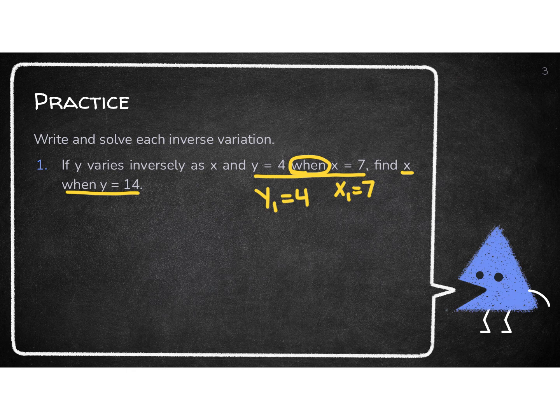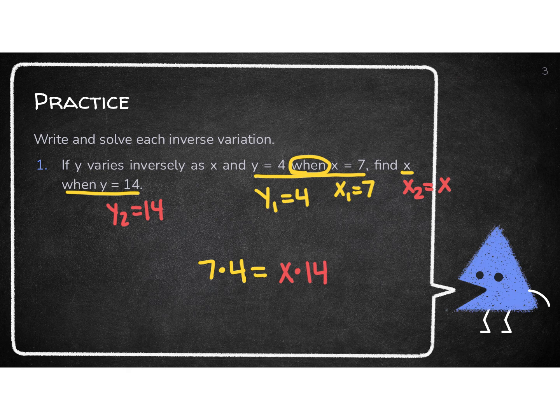Those two get multiplied together. So we have x times y from our first pair. And in our second pair, we have x2, which we don't know, so it's just going to be x. But our y2, so our y from our second pair, is 14. So on our second side, we have x2, which is just x, times 14.